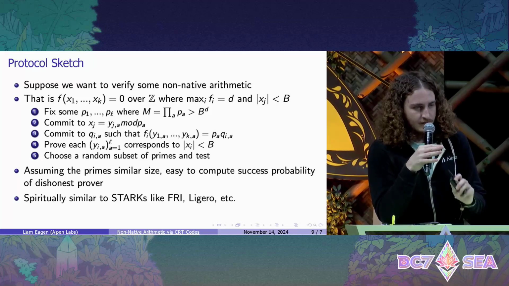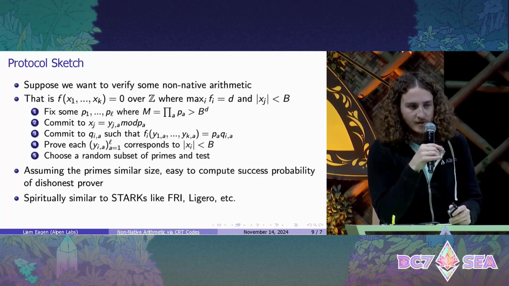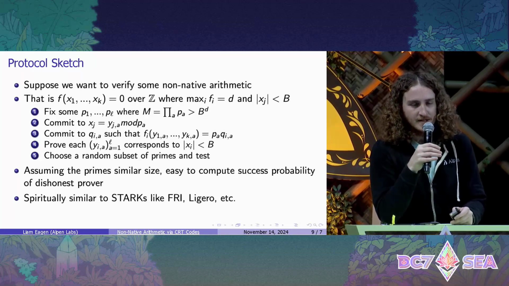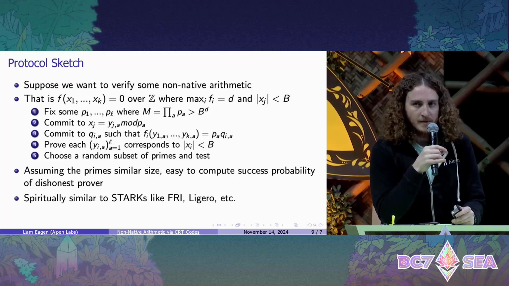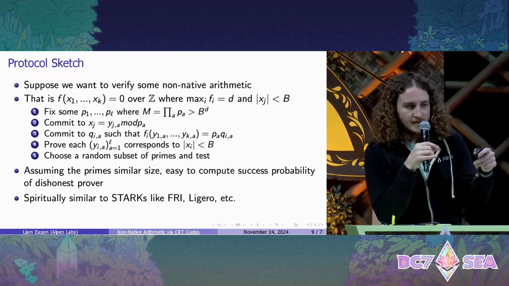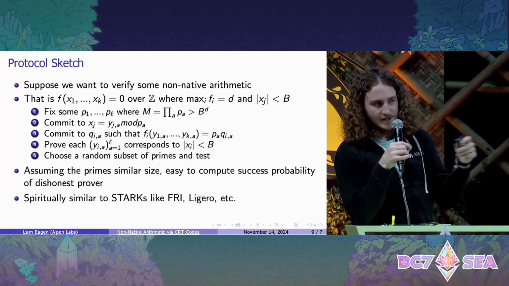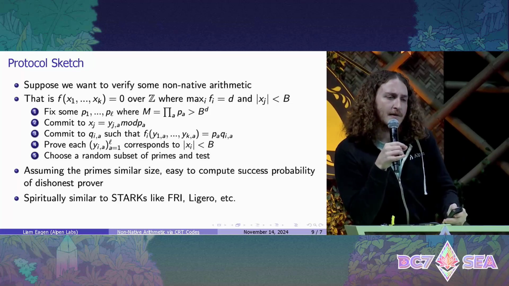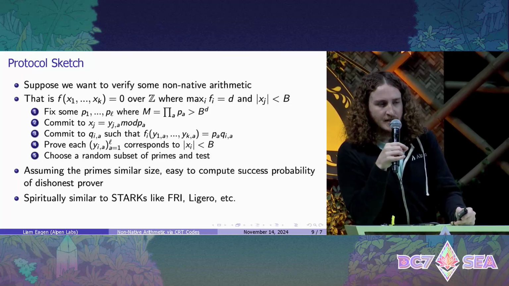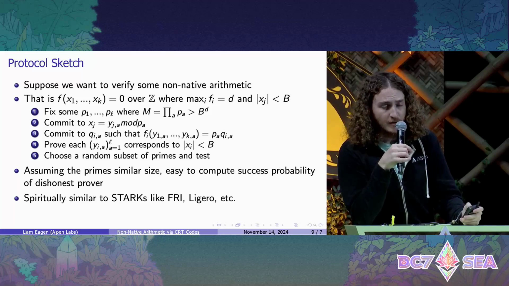For simplicity, assuming the primes are all roughly the same size, you can calculate the success probability of a dishonest prover pretty straightforwardly. It's just the probability of having some code word, some set of residues that does not correspond to a small integer, or that's wrong in some position. Anyway, it's similar to how SNARKs work.